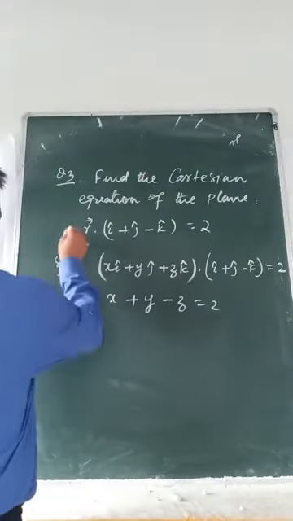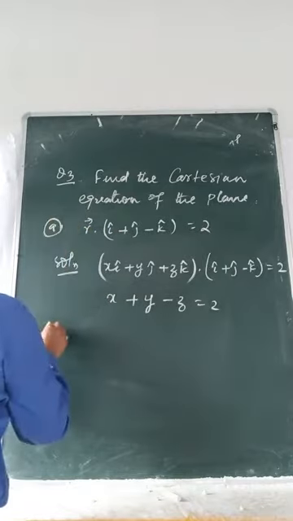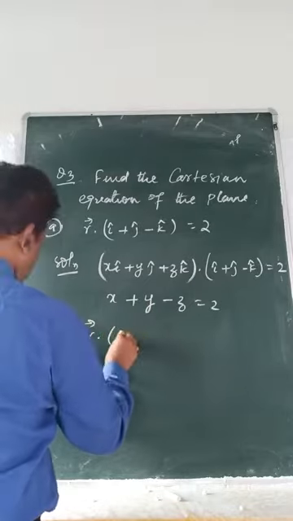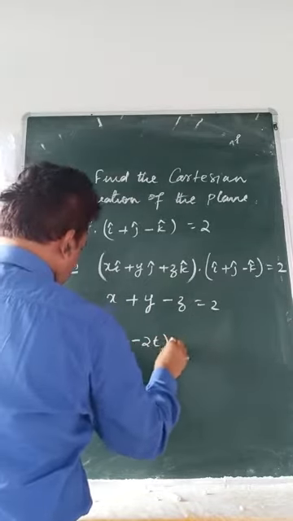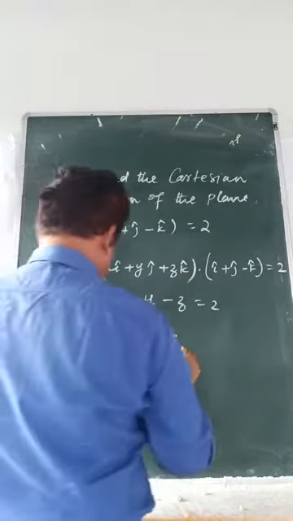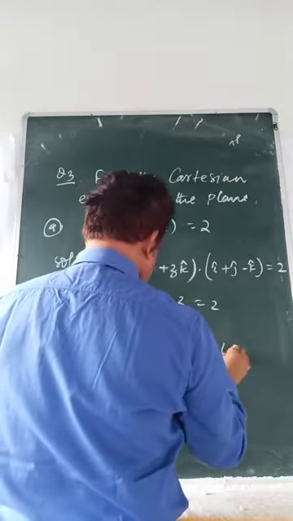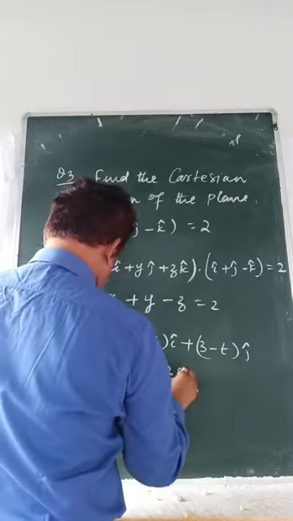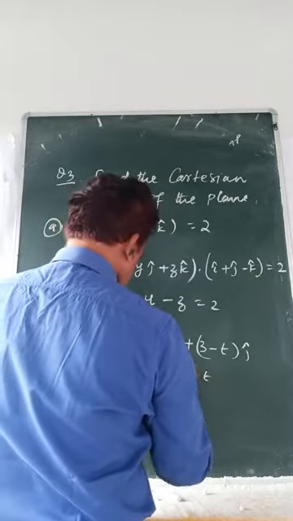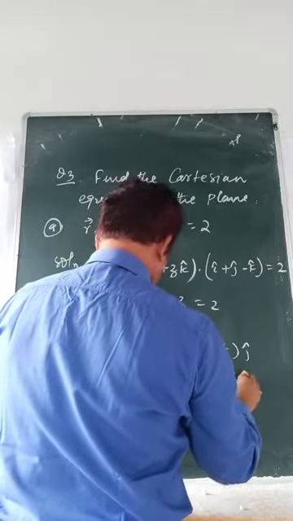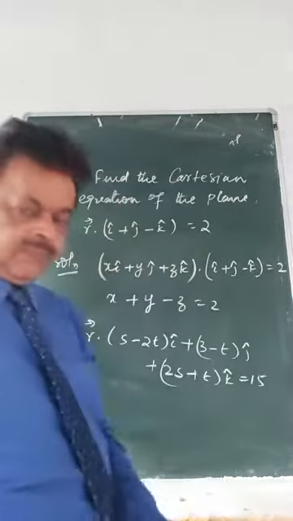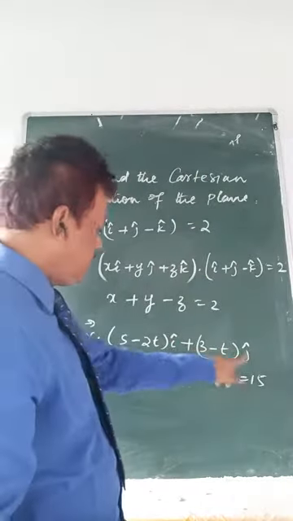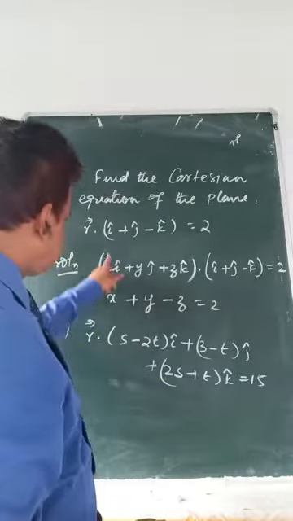See, there is another one. Now you see r dot ((s minus 2t)i plus (3 minus t)j plus (2s plus t)k) equals 15. So what you can do is replace i, j, k by x, y, z, because it is the same thing you are finding here.